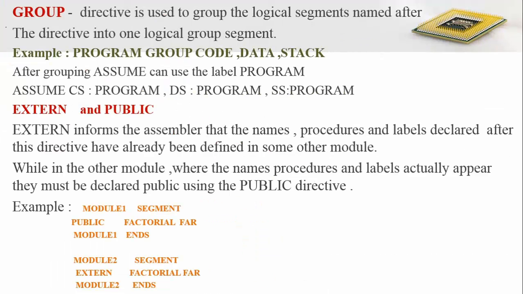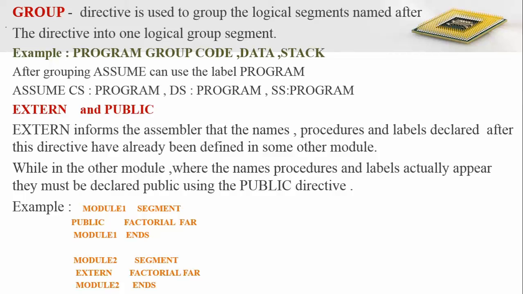Inside our program we may have different program modules. In one module we can define certain procedures, variables, etc. If we want to access them from another module present inside the same program, we can make them external and use the directives EXTERN and PUBLIC.